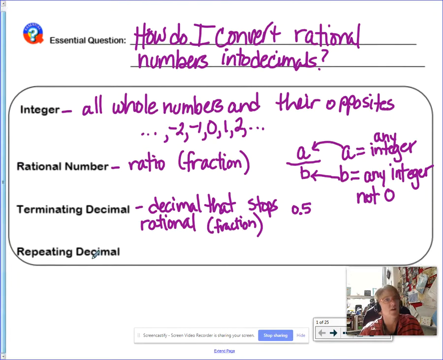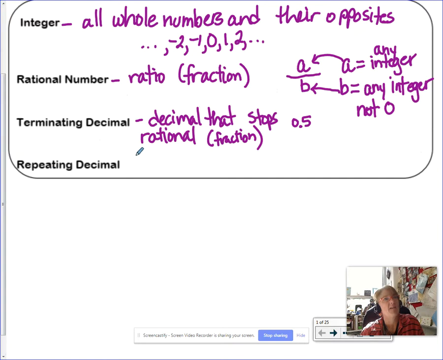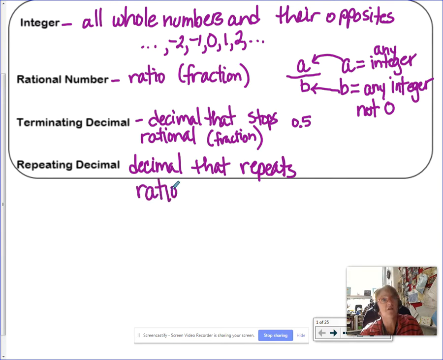The last one, this one that says repeating decimal, this is a decimal that repeats. It still is considered rational because we can write that repeating decimal, or it comes from some kind of fraction.